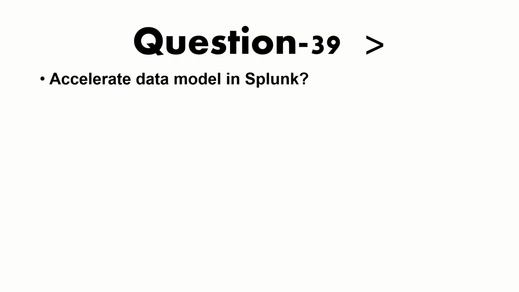So now the next question can be: accelerating a data model in Splunk. What is acceleration in a data model in Splunk, and what is the need of it? Once you create a data model, in my previous video I explained what a data model is.